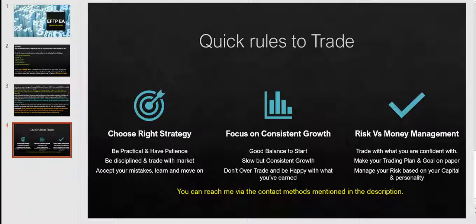Don't do that. Just make a trading plan and stick to it, and manage your risk based on your capital and your personality, how much risk you can take, how much loss you can accept, and what your profit expectation is. Just quit after that, take some rest, take a good sleep, and then start fresh again. Okay, so this is my personal opinion, guys, that I wanted to share with you.